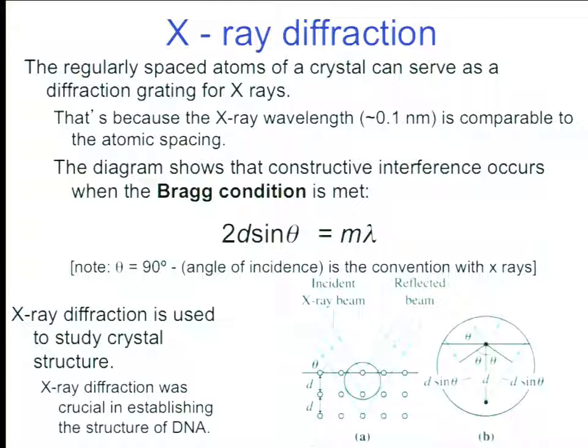And when that delta R is m lambda, a whole number of wavelengths, you'll get a peak, a maximum reflection. This idea here.